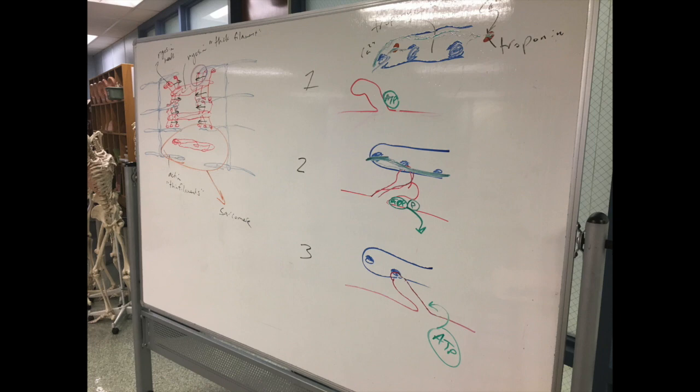This is hardcore physiology. If all those binding sites are exposed, we got plenty of ATP, all those myosin heads are ready to go. What's going to happen? They're going to start connecting. Yeah, they're going to start cross-bridge cycling. Perfect. And it's all because calcium was released into that area. Calcium bound to troponin.